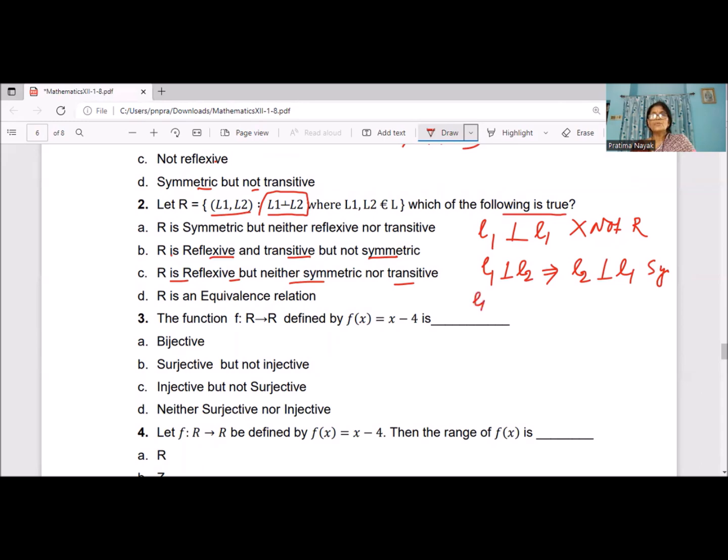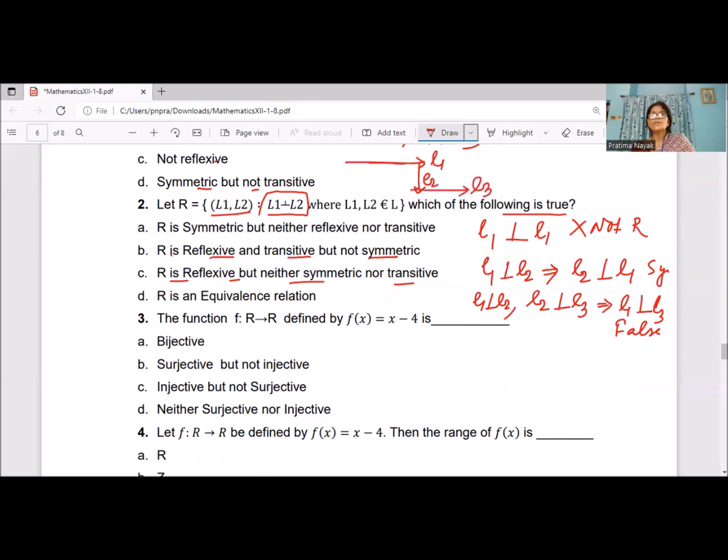Now, if L1 is perpendicular to L2 and L2 is perpendicular to L3, does it mean that L1 is perpendicular to L3? No, it is false. Let us see a diagram: this is L1, perpendicular to L2, and L2 is perpendicular to L3.